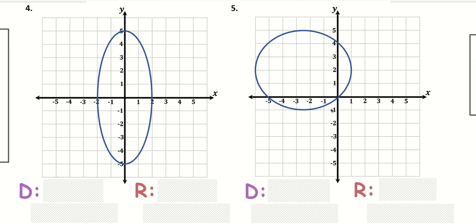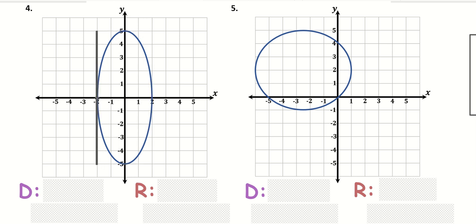Alright, so let's go back to our 3.5 notes and get some answers down for these two examples. So, domain and range of this graph. If you had to describe all of the different x values, you'd have to say what its smallest x value was, how far left this graph goes, all the way to how far right.